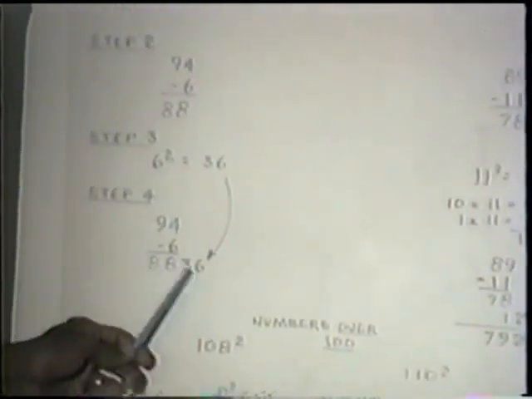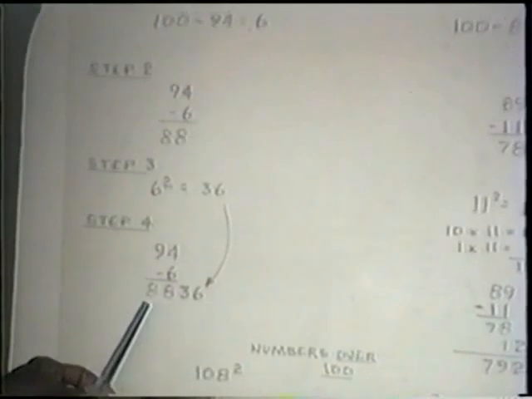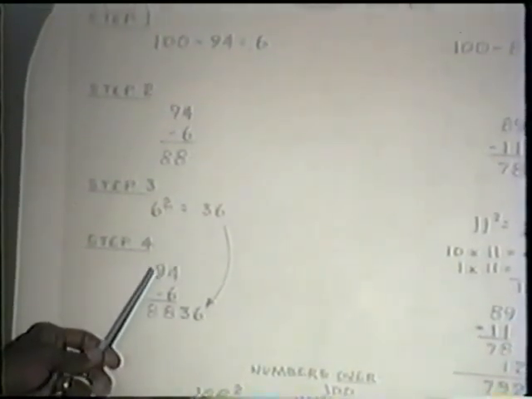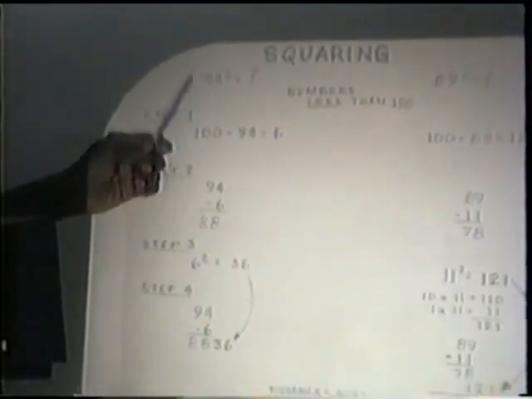The third step is to square that 6. 6 times 6 is 36. Now we have the 88 and the 36. So 94 square, or 94 times 94, is 8,836. Let's do it again. What is the square of 94?